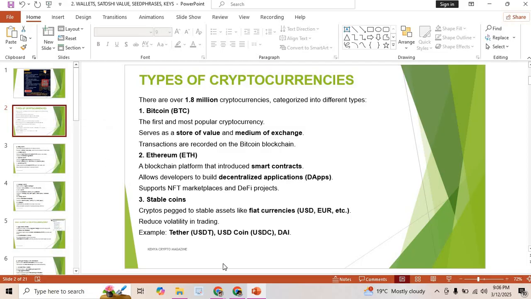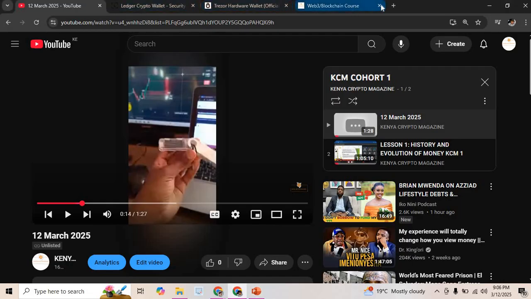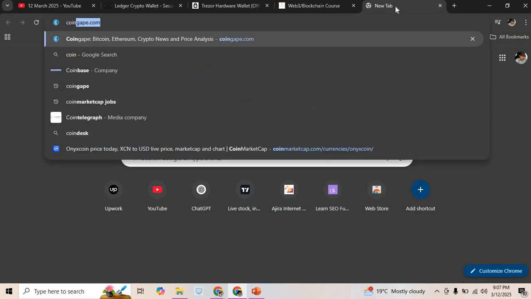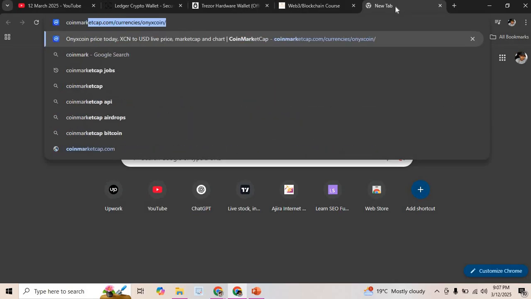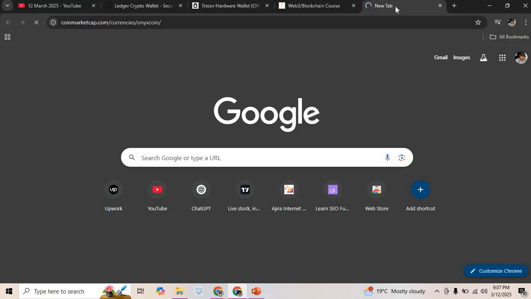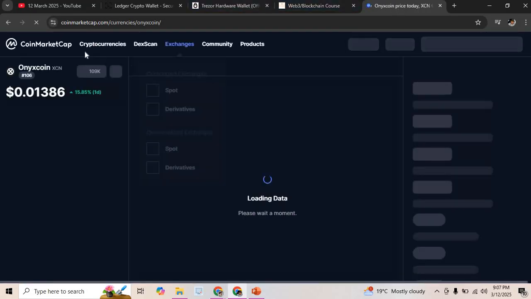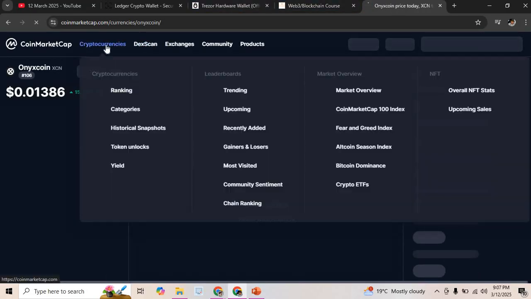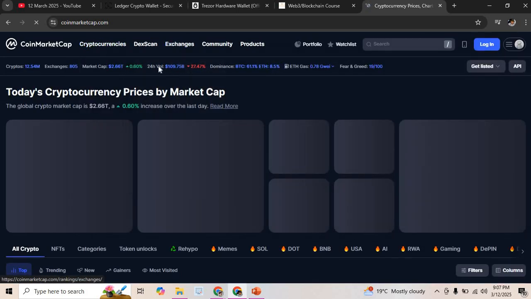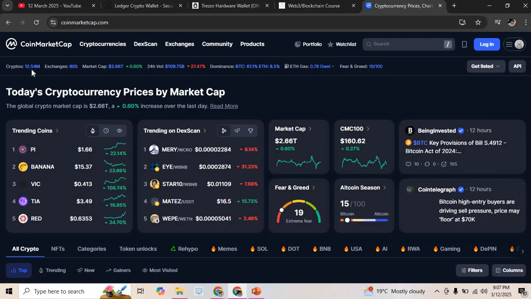So we have over, like we had mentioned yesterday. I remember yesterday I came to CoinMarketCap right here. Market cap. And we saw that we have over 12.5 million coins in the market.